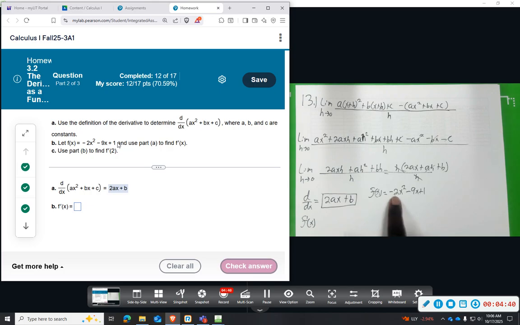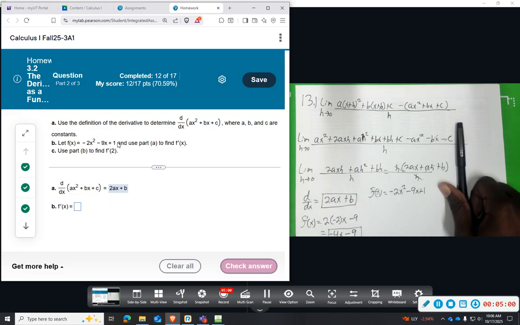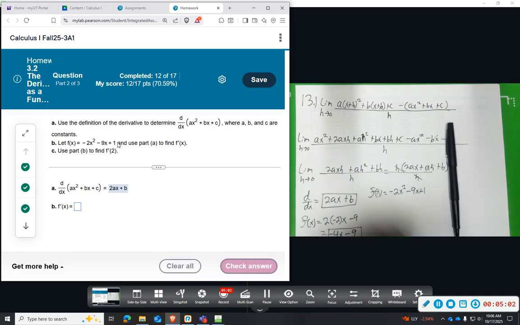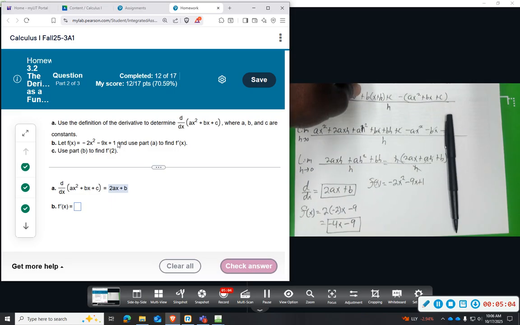Plug in the a value, so we're looking at 2 times a negative 2 for a. And then we have our x, and then our b value, plugging in a negative 9. And that will give us negative 4x minus 9 will be our derivative of f of x.